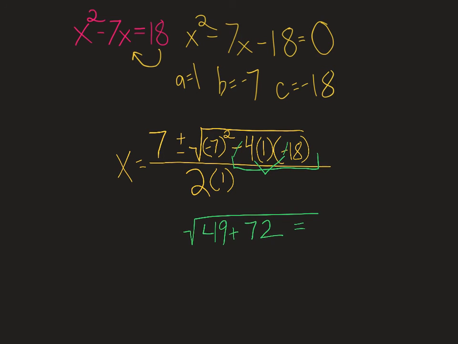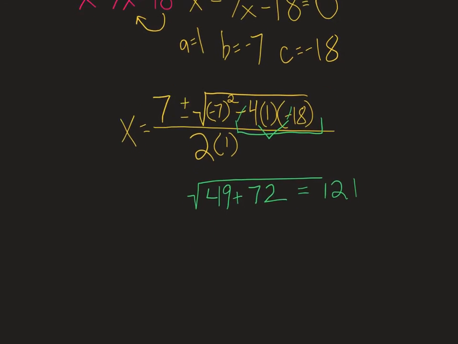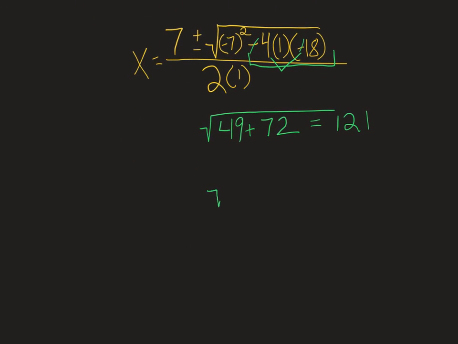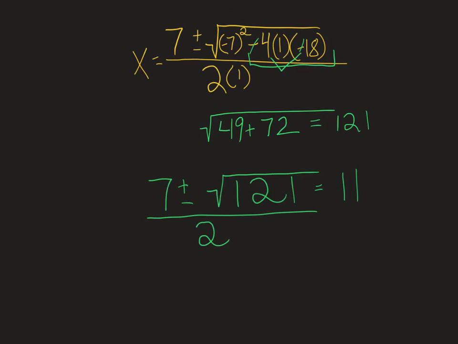And what's that going to be? 121. And that is a perfect square. Did you guys know that? So we end up with 7 plus or minus square root of 121. 2 times 1 is just 2. The square root of 121 is 11.